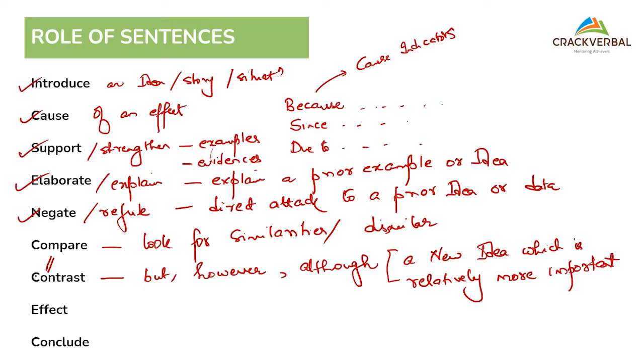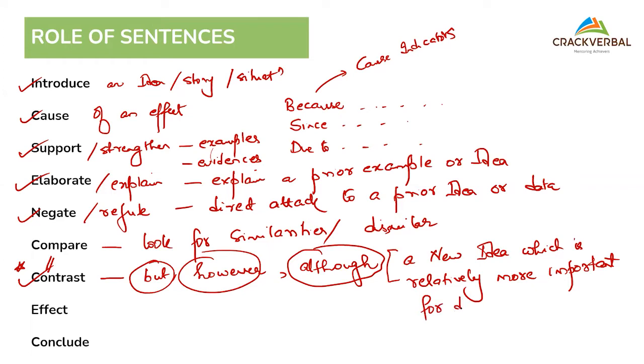So contrast words in any story are stars. They are very important. Moment you see but, moment you see however, moment you see although, you all should remember that a new idea is getting introduced, which is relatively more important for the author. Clear with this?